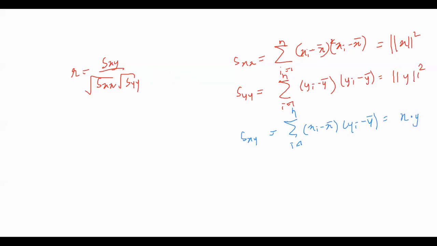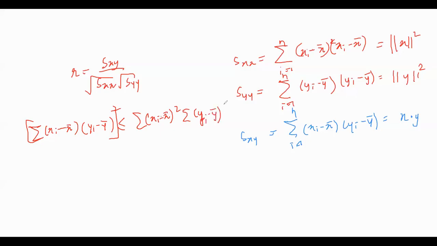It's a dot product. So as we understood from the diagram, by the Cauchy-Schwarz inequality, we get that the summation of xi minus x bar times yi minus y bar, whole square, is less than or equal to the summation of xi minus x bar whole square times the summation of yi minus y bar whole square. This is the Cauchy-Schwarz inequality.